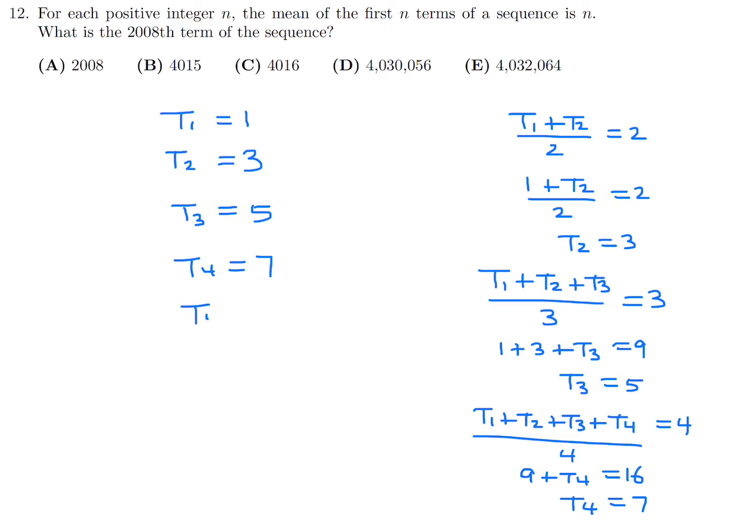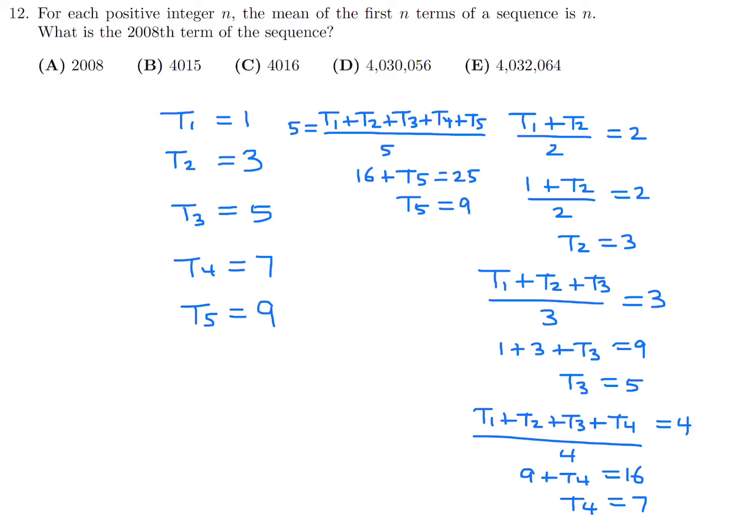And some of you have already figured out this pattern, but we'll just do one more. t1 plus t2 plus t3 plus t4 plus t5 is equal to 5, and therefore 1 plus 3 plus 5 plus 7, so that's 4 plus 12, which is 16. So 16 plus t5 is equal to 25, and therefore t5 is equal to 9.